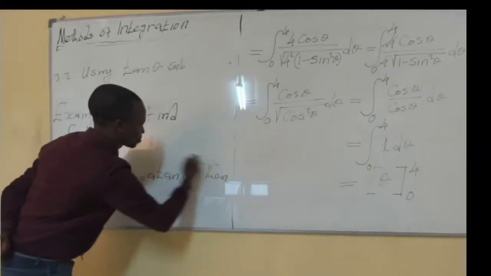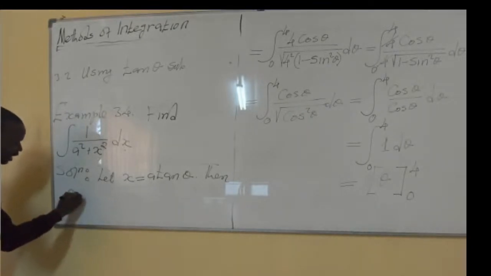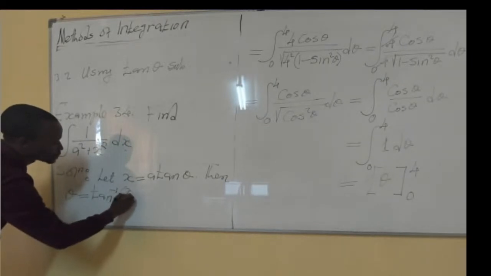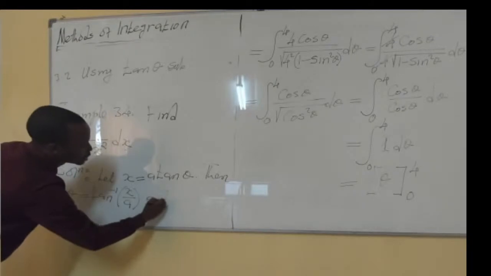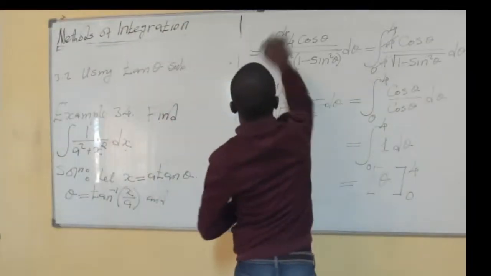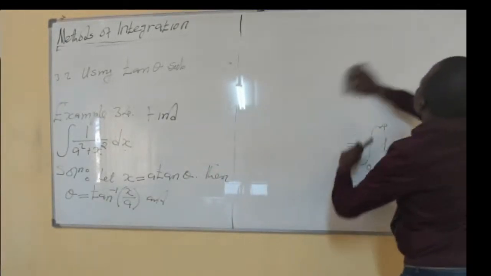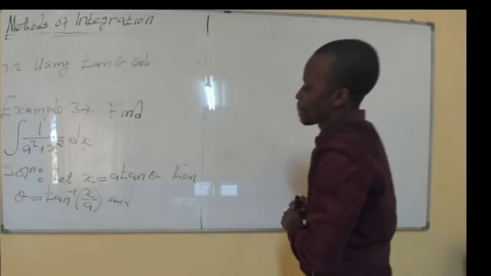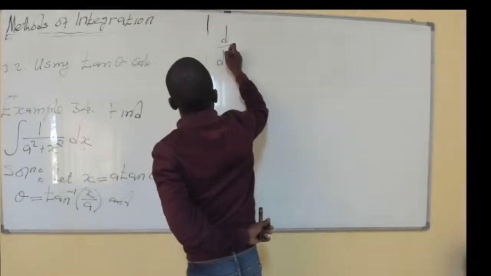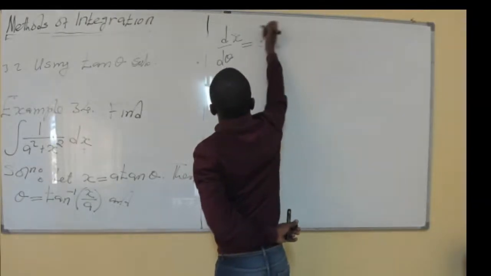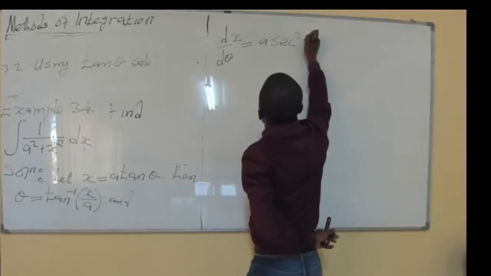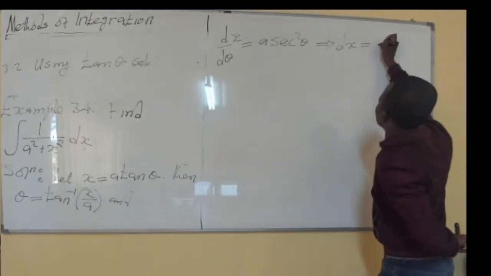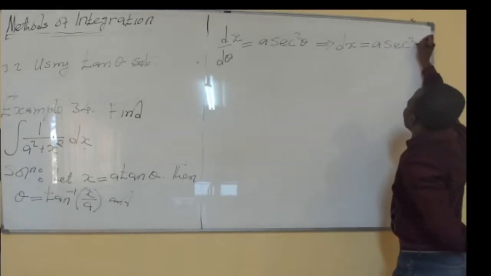Then your theta is going to be the tan inverse of x over a, and the derivative of x with respect to theta is equal to a times sec squared of theta, which will give us dx equal to a sec squared of theta d theta.